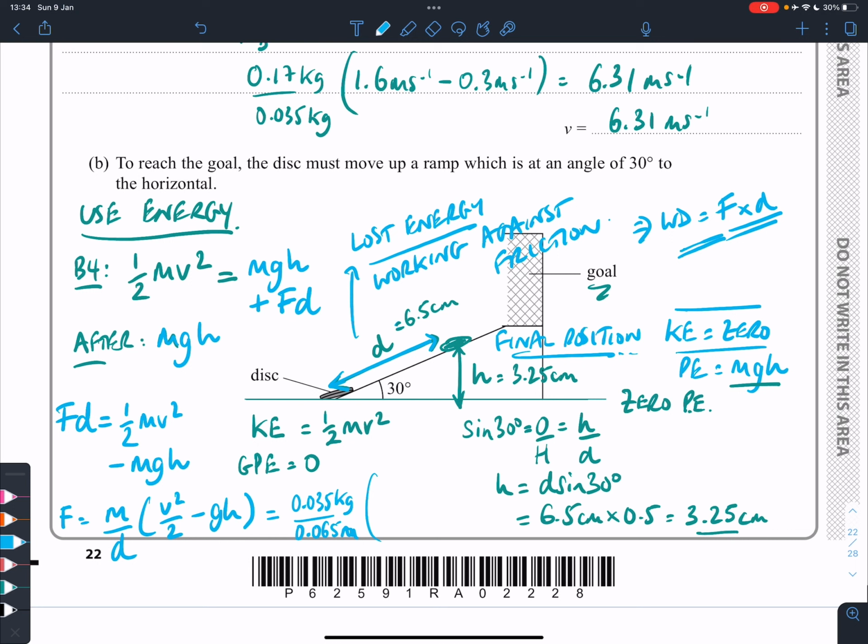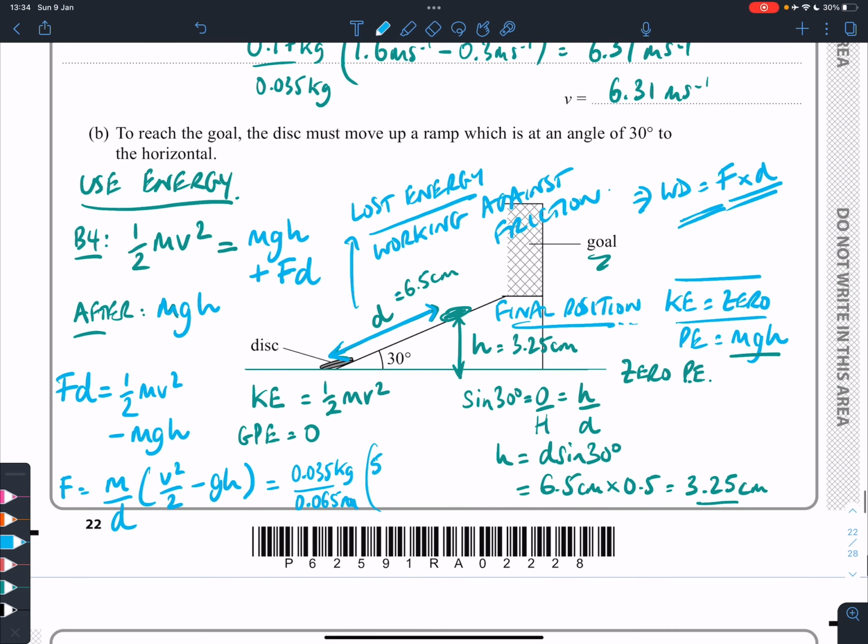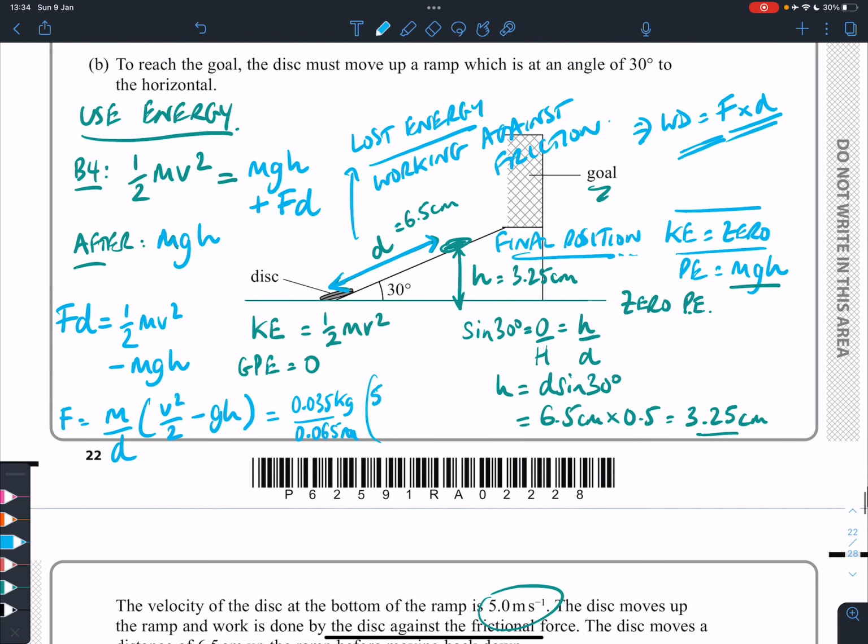The velocity is 5 meters per second. 5 meters per second squared divided by 2 minus 9.81 times the height, which is 3.25 centimeters, 0.0325 meters. All this lot.